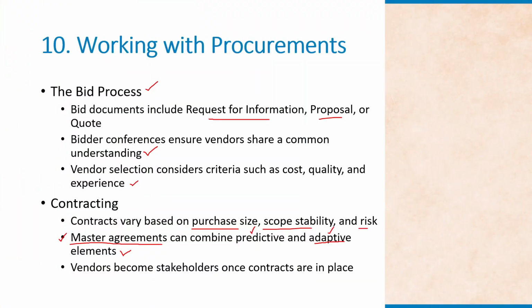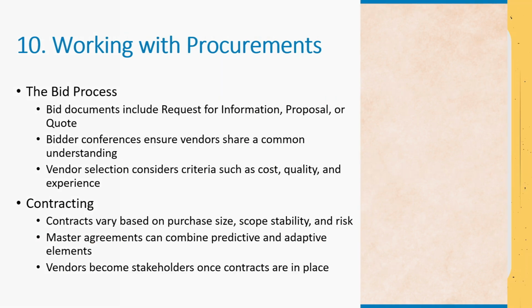So I hope you understand how procurement can be something which is a bit more complex than the rest of the way projects are managed, and that is by design. And that is also the reason why I mentioned that you as a project manager might not be responsible for procurements end to end. You will have a procurement manager or someone else from your organization to work with you on contracts.